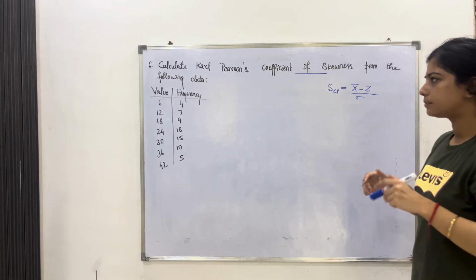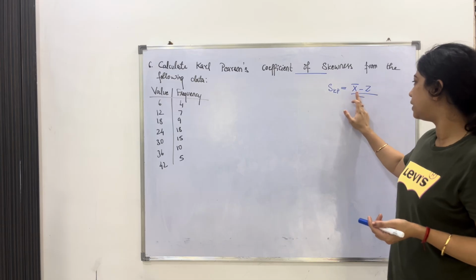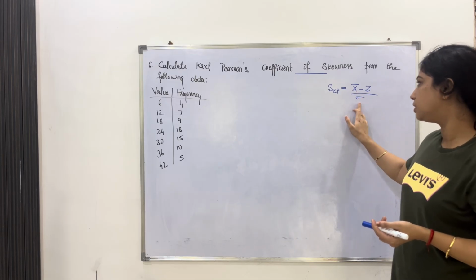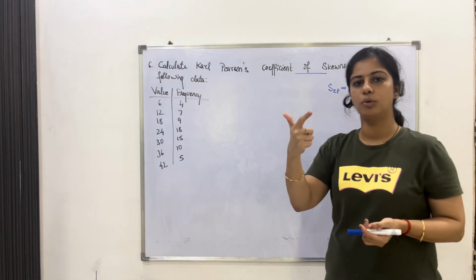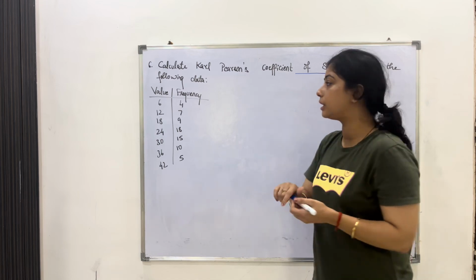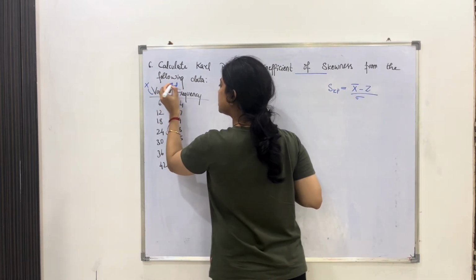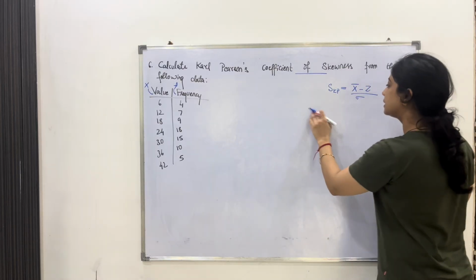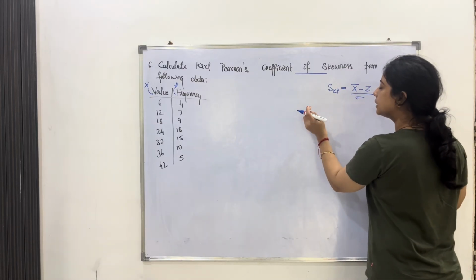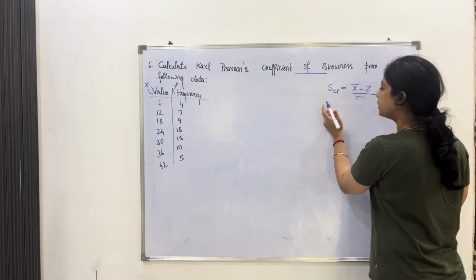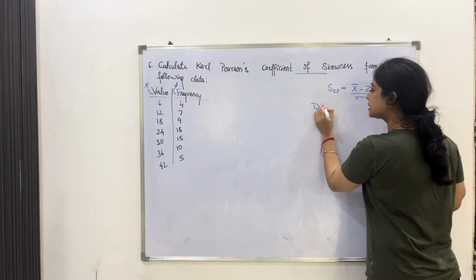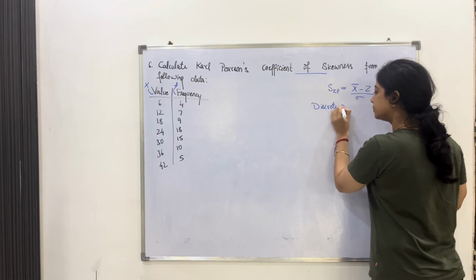Now we need to calculate mean, mode and standard deviation for which data? For our discrete data. This is your x value, this is your frequency value, and the formulas which will be used are for discrete data.